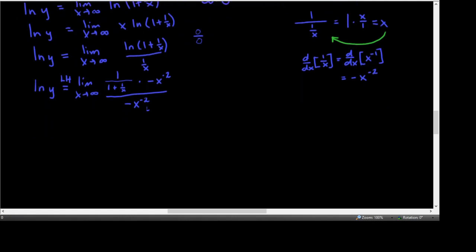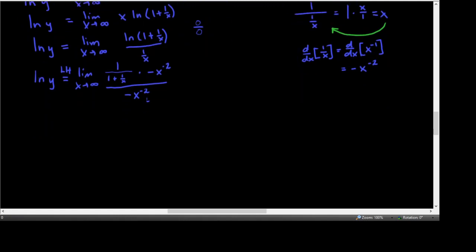Now algebraically, that negative x to the negative 2 cancels with the 1 in the denominator of the fraction, and the right side argument of the limit simplifies to be simply 1 over 1 plus 1 over x. I have a stray mark there I want to get rid of. There we go.